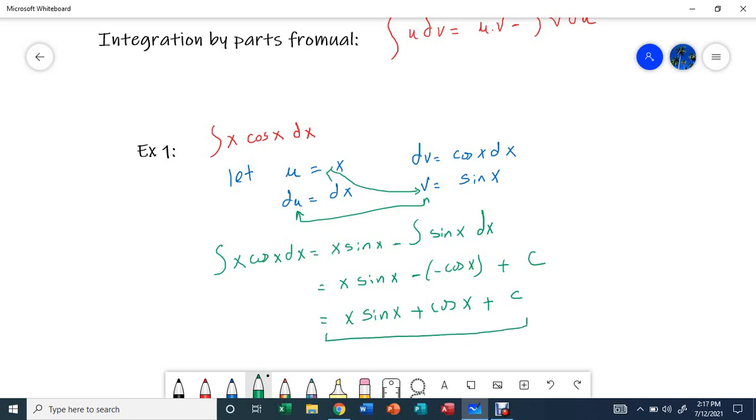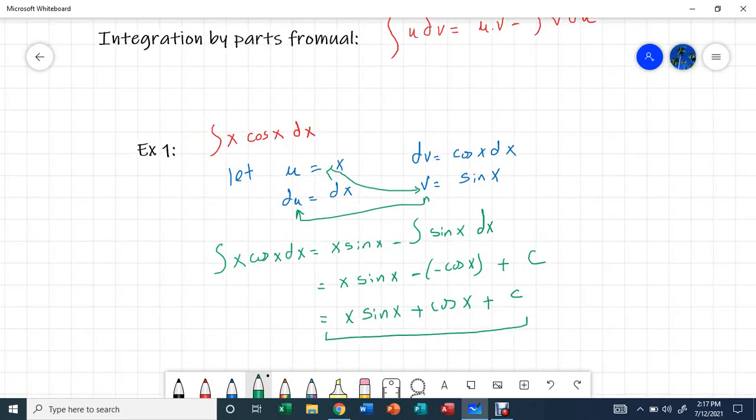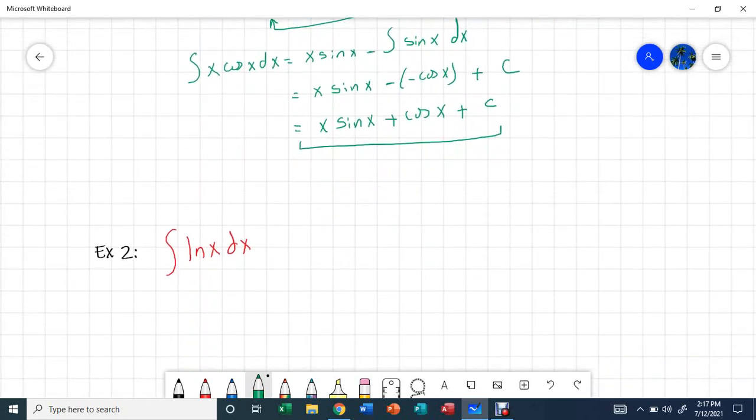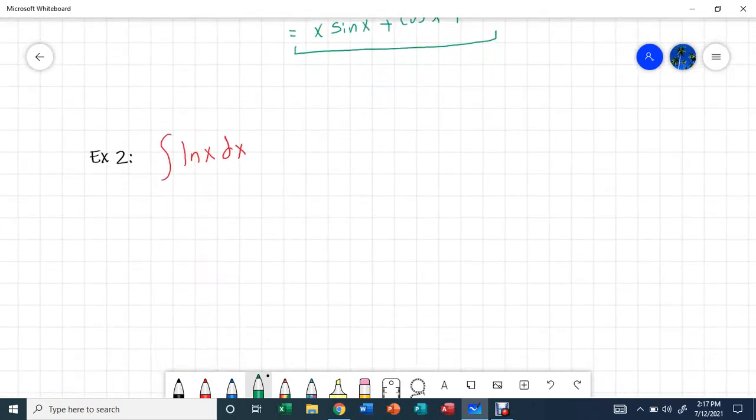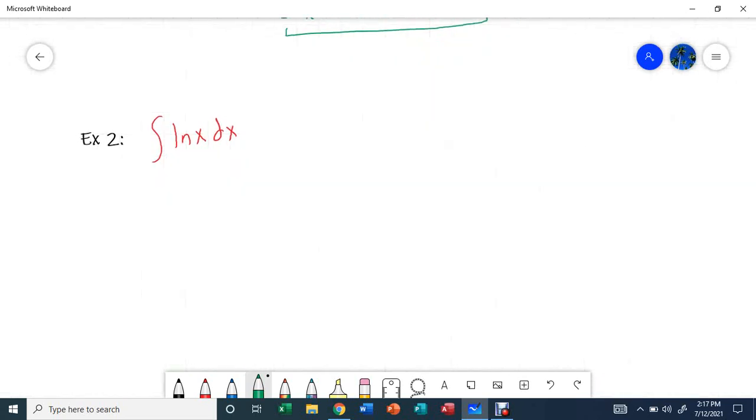So let's do one more example. Evaluate the integral natural log of x dx. Same thing here, let u equal ln of x.